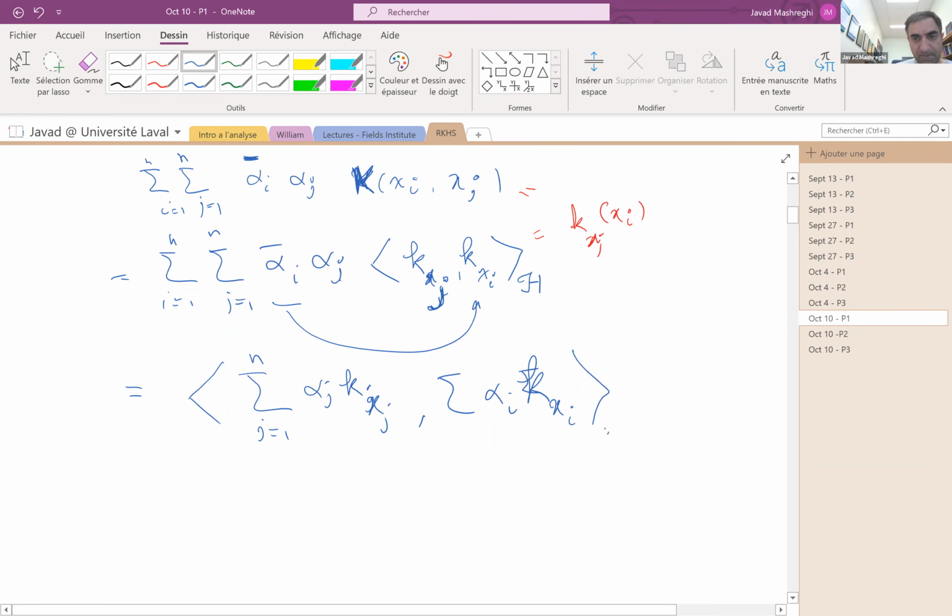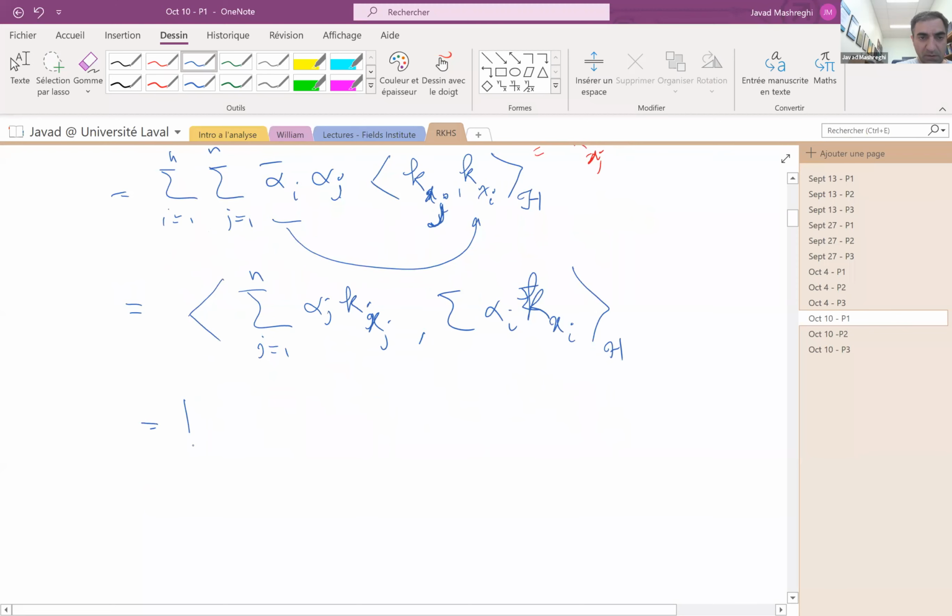And this is just the norm of the sum over i from 1 to n of alpha i k at point xi in H, squared, and the norm is positive. That's the end of the proof.